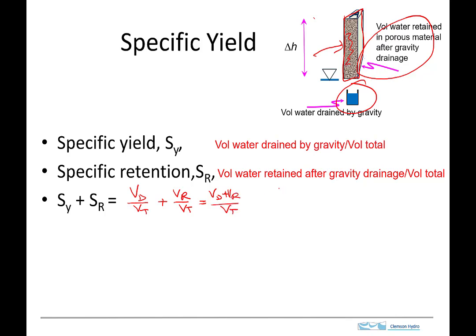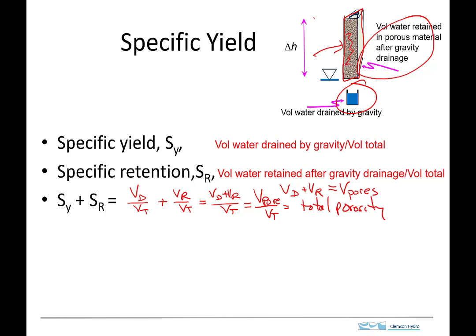But the volume that drains out plus the volume that doesn't drain out, that's retained, is the total volume of water in the porous media. And if it's saturated, then that's the volume of the pores. So this is just going to be the volume of the pores over the total volume, which is the total porosity. Okay, so there we go. If we add together the specific yield and the specific retention, we get the total porosity.